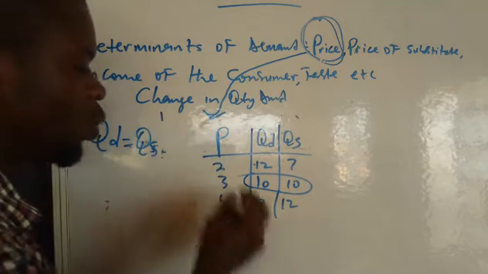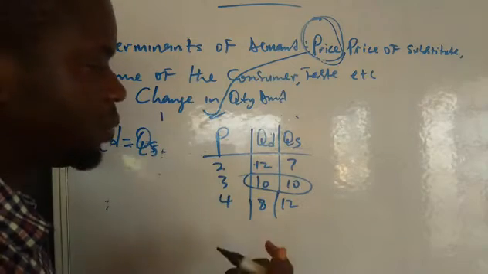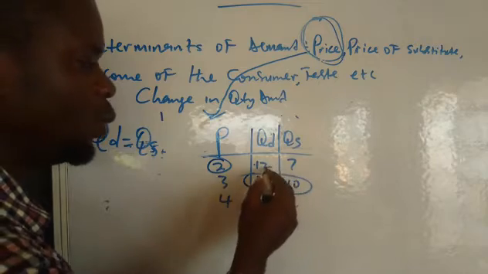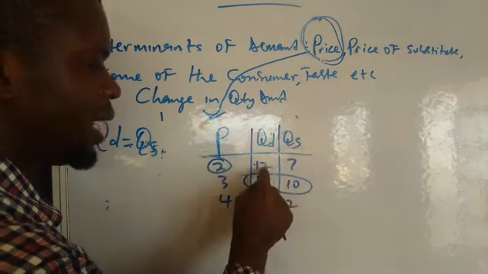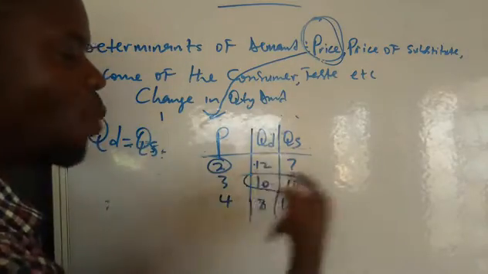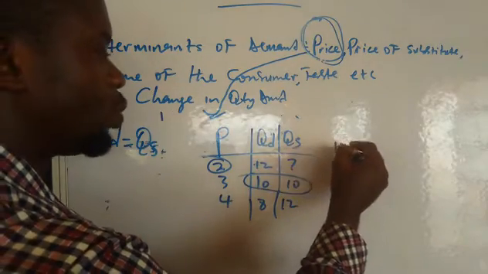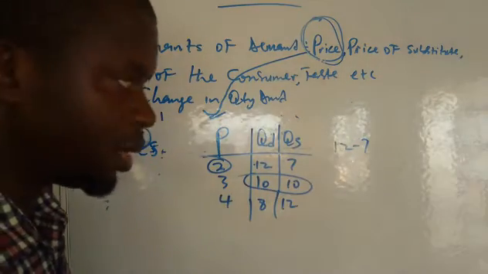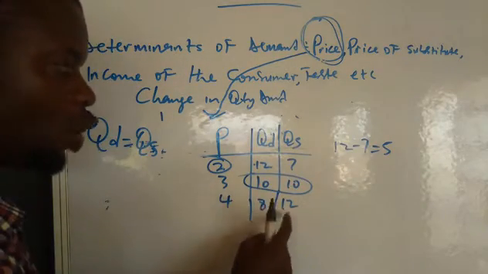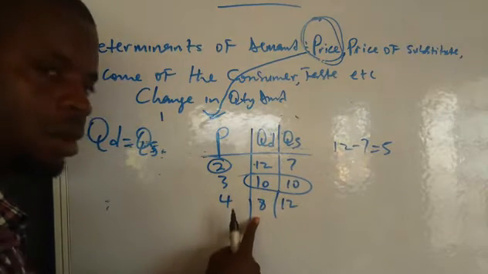Excess demand at 2 naira here gives you the difference between quantity demanded and quantity supplied. Here demand is more, so by how much is demand greater than 7? That's the meaning of excess demand. Excess demand equals 12 minus 7, which is 5. Can you see? But here, supply is greater, so we have excess supply here. So when they ask you excess supply, it's going to be 12 minus 8.